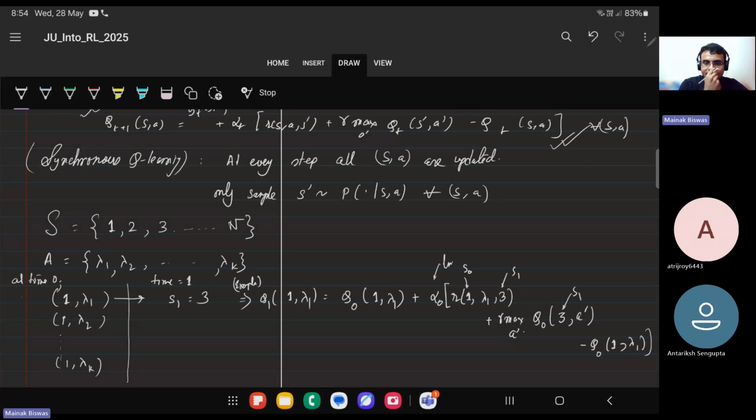So all I want to say is, for every state, this is synchronous because you write a for loop like this: for all s in S, for all a in A, update. So first sample. I'll just write down the algorithm. Maybe it will be easier for you to follow.